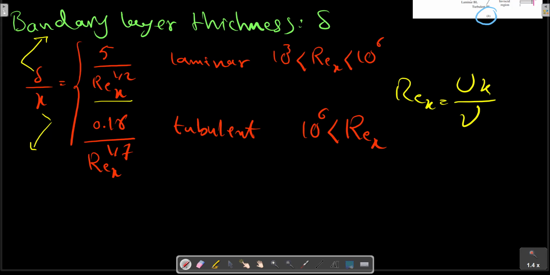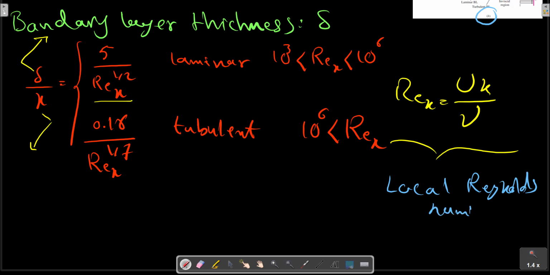It's called the local Reynolds number of the flow along the plane surface. The turbulent flow formula applies for Reynolds greater than approximately 10 to the power 6.